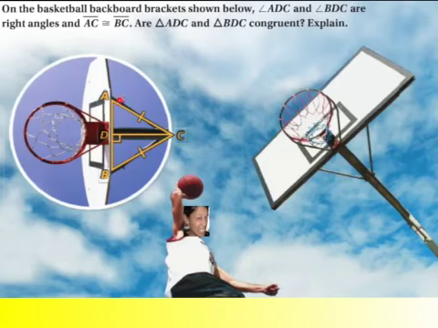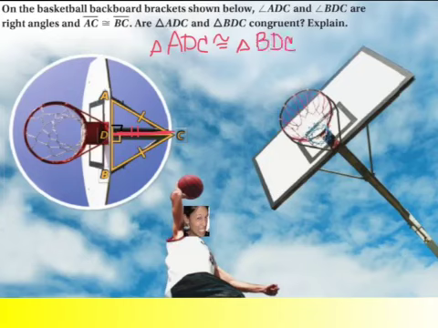We also see that these segments are congruent, and I know that this segment is congruent to itself by the reflexive property. So I'm going to put hash marks there. So I know that triangle ADC is congruent to triangle BDC by the hypotenuse leg theorem.